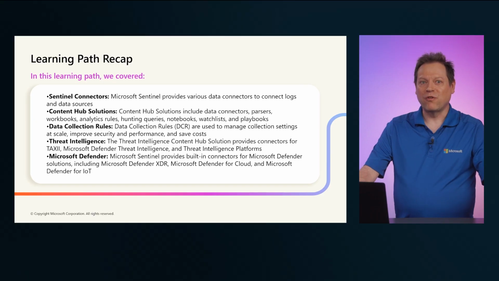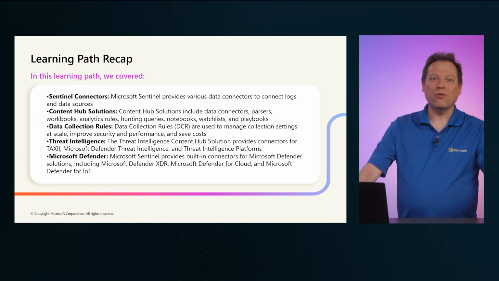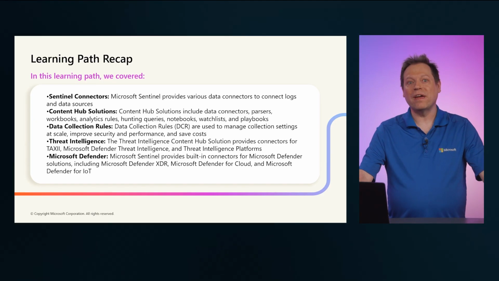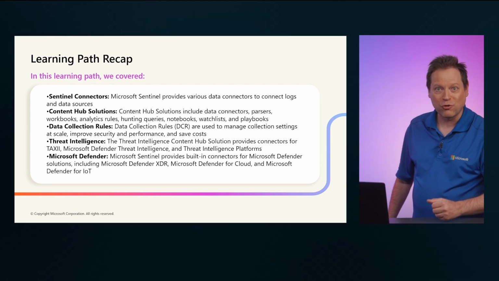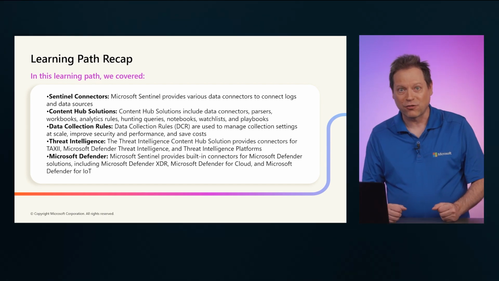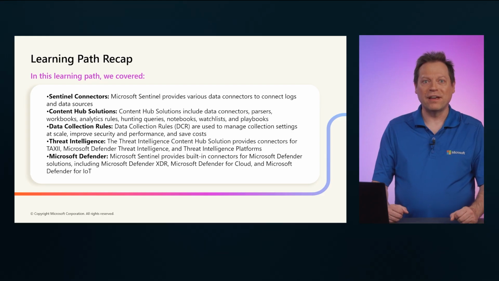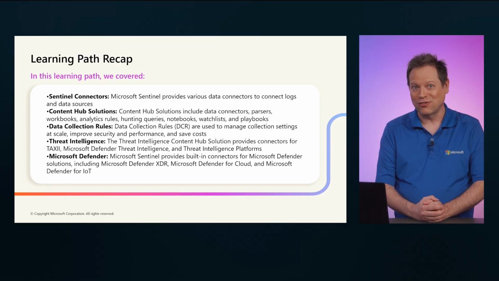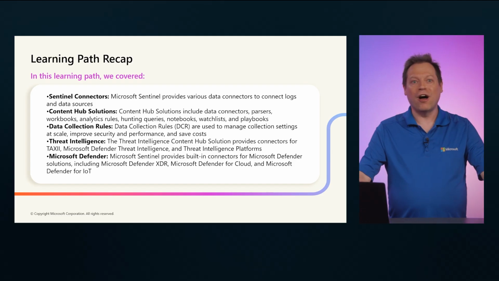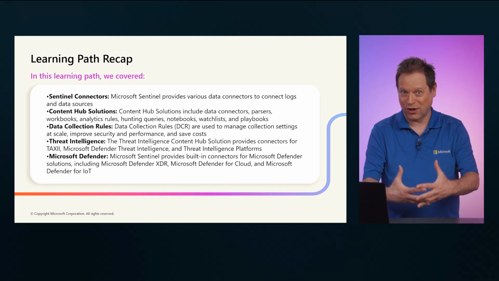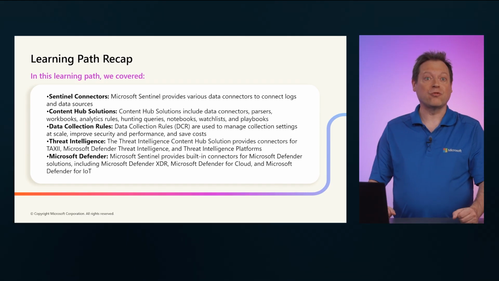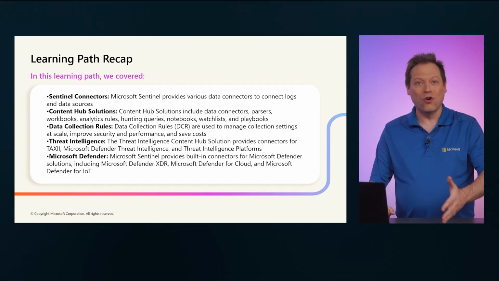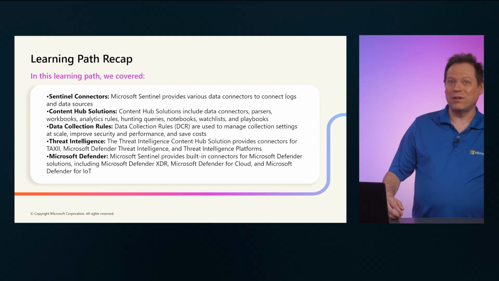Let's recap what we've covered in this learning path. Microsoft Sentinel provides a wide range of data connectors to bring in logs and alerts from Microsoft services, Defender solutions, Windows and Linux hosts, third-party appliances, and threat intelligence sources. We explored how Content Hub solutions bundle connectors, parsers, workbooks, analytics rules, hunting queries, notebooks, watchlists, and playbooks.